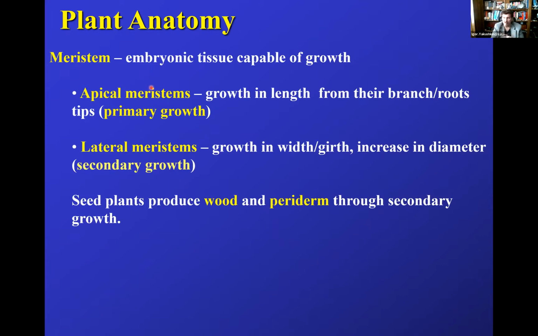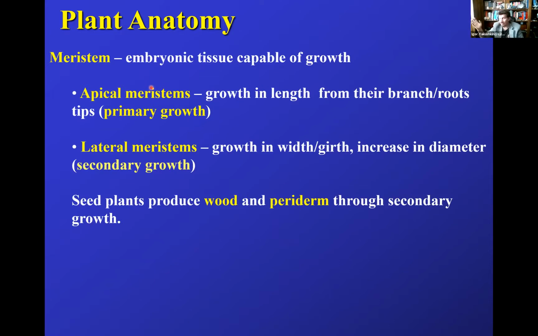Compare, contrast apical versus lateral meristems. So at the tips, and they start growing, increasing the length. Lateral meristems, sideways. They are located on the sides of the stem, for example. As a result, whenever they're growing, they're increasing the diameter, the girth of the plant, of the stem, of the trunk, so to speak. So apical meristems increase in length.